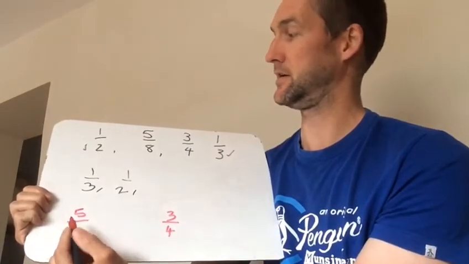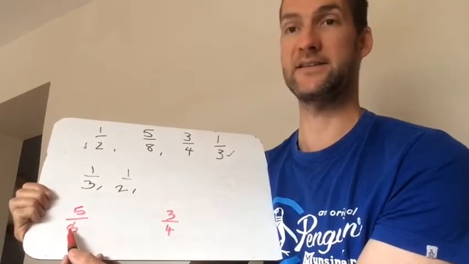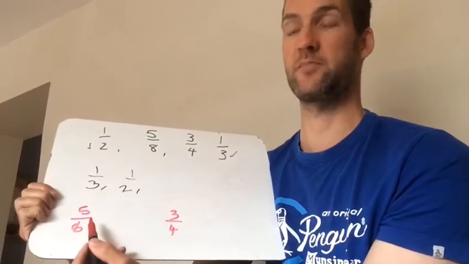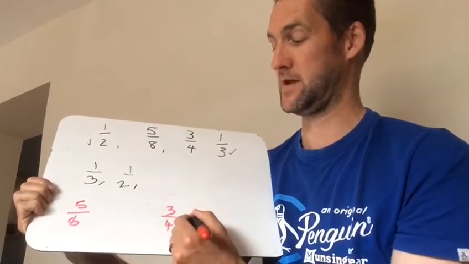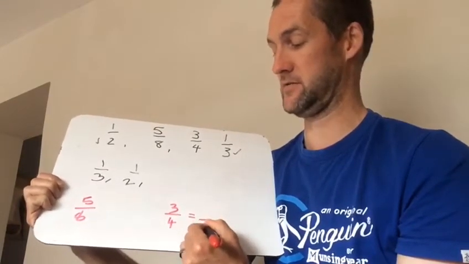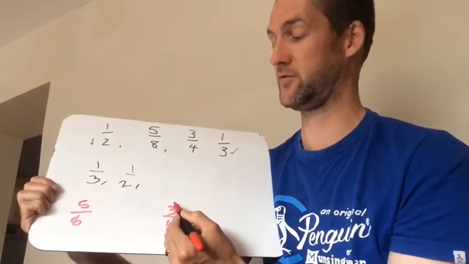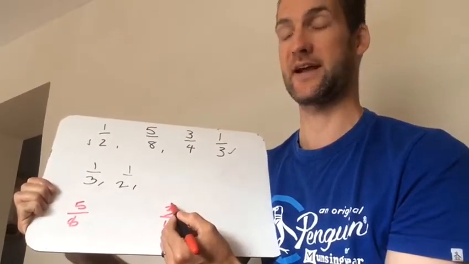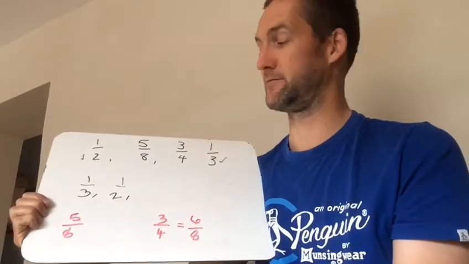And luckily, I can see from here that my common denominator would be 8 because 4 is a factor of 8. So 5/8 would stay the same, and if I changed this to 8, what have I done? I've multiplied 4 by 2. So I have to do 3 exactly the same. 3 multiplied by 2 is 6/8.